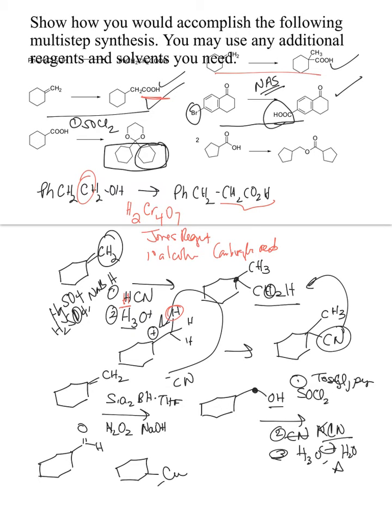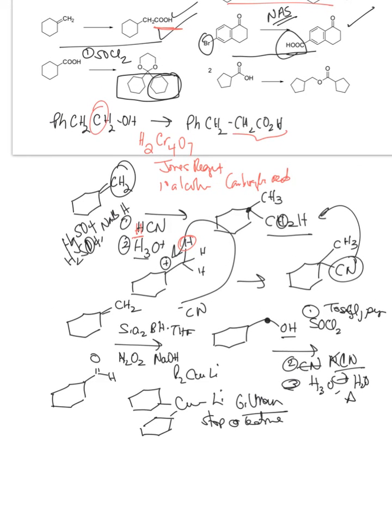It's always R2CuLi, the Gilman. And it will stop at the ketone. So that makes it different. It only does one addition. So this will add to an acid chloride.